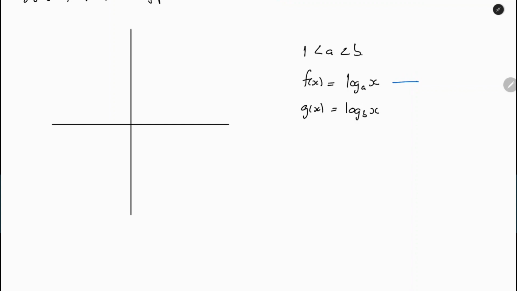I'll let this be the blue line and this be the green line. We have the blue like this and the green like this. And this point is of course the point (1, 0), because whatever your base is, the log graph always cuts at that point. This is of course my y-axis, and that is the x-axis.